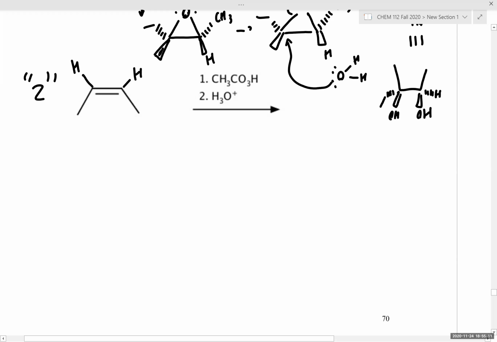Does anyone have a proposed structure for the product that they'd like to share for this reaction?